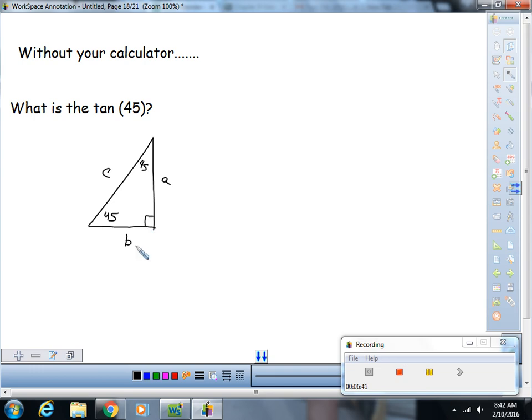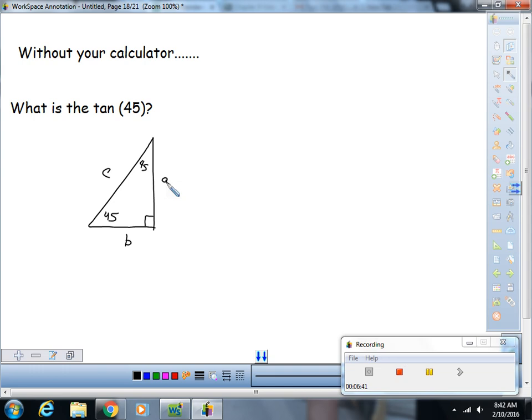And how is A related to B? They're the same. And what's the A over B if A equals B? So now type in tangent of 45 in your calculator. Does that make sense now? You should all understand and be able to explain why the tangent of 45 is equal to 1. Okay? We still good?